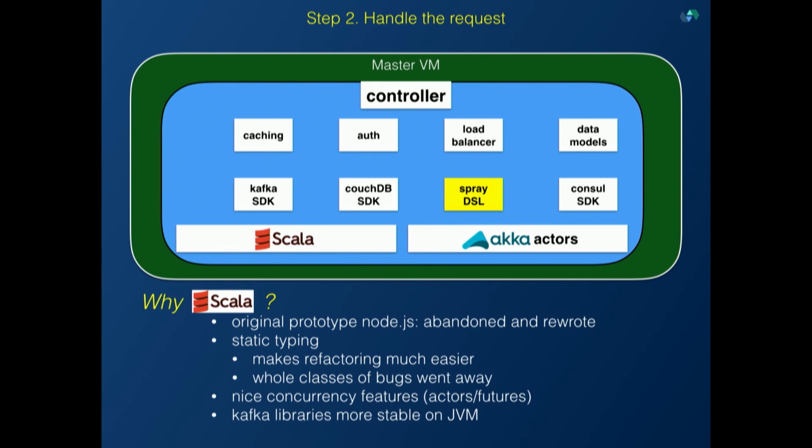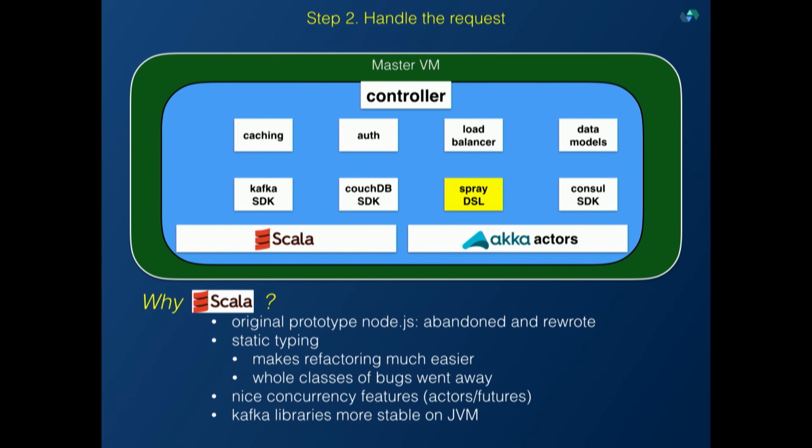So the controller is a service, it's a web server. It's implemented in Scala. It heavily uses the Akka actors library inside Scala. It has a number of client libraries to interact with other services like Kafka and CouchDB and Consul. We'll talk about that. And then there are a number of user-written components which we wrote, which include caching and authorization and load balancing and data models.